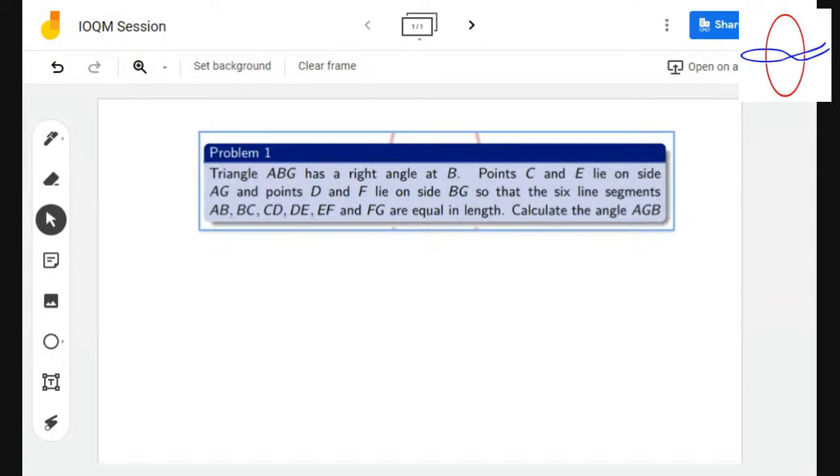So let's do this first problem of today. It's a geometry problem, and let's focus on the problem. Triangle ABG has a right angle at B. Point C and E lie on side AG, and point D and F lie on side BG.